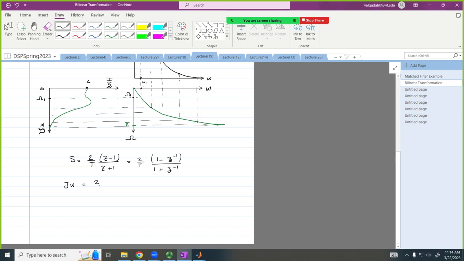This is going to equal 2 over T multiplied by 1 minus, I can write Z as e to negative j omega, divided by 1 plus e to negative j omega. Together?